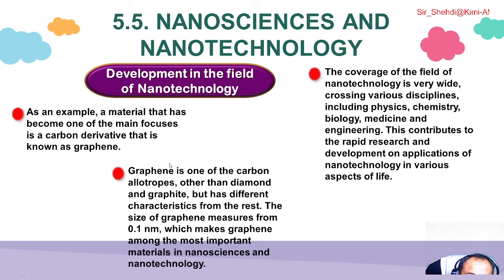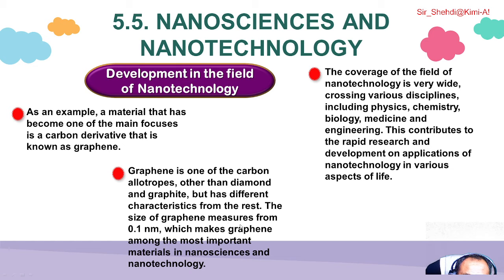Graphene is one of the carbon allotropes other than diamond and graphite, but has different characteristics from the rest. That means when we compare with your diamond and graphite, graphite is your pencil core. When we cut the pencil, we can see the black core, so we call it graphite.